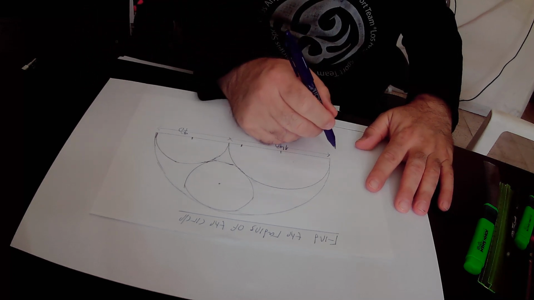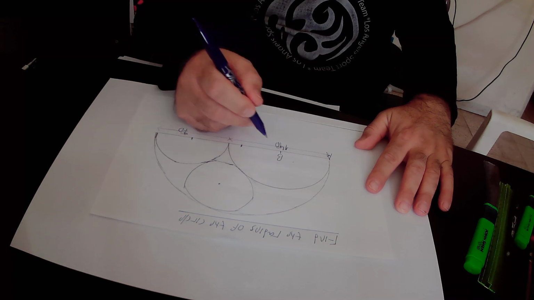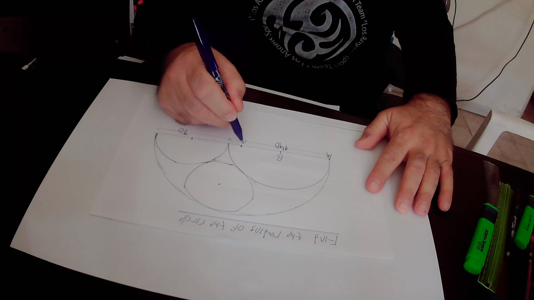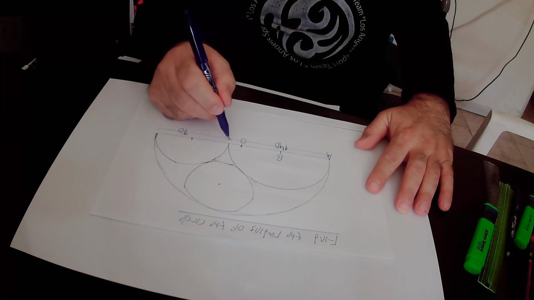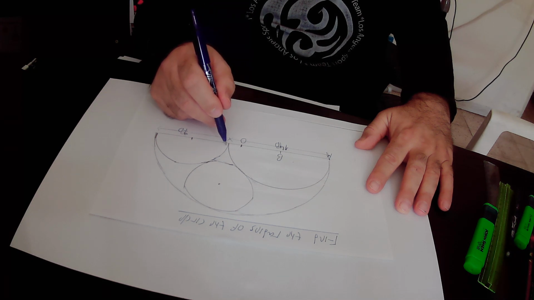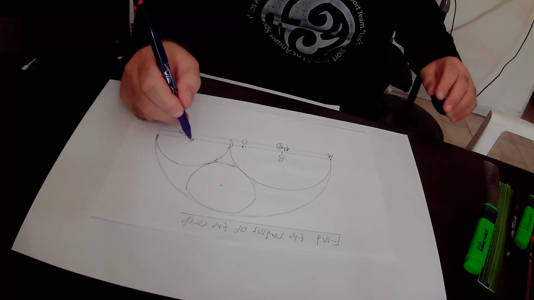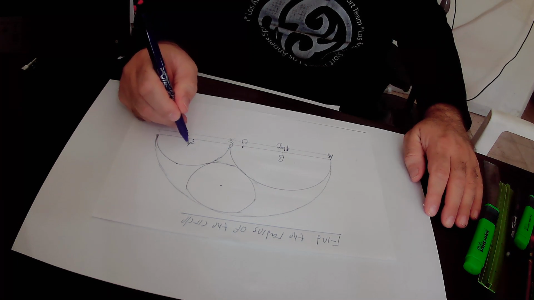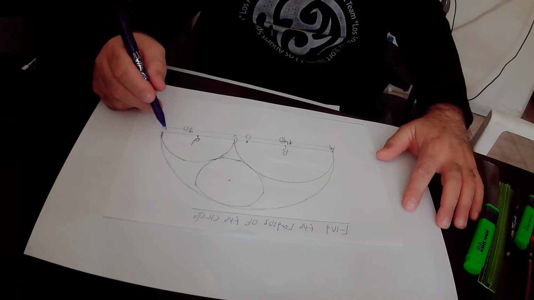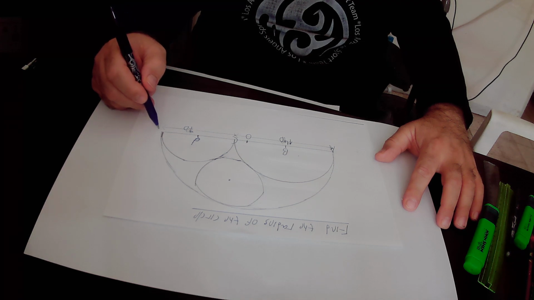This point will be A, the center of this semicircle will be B, the center of the biggest semicircle will be defined as O. Here, the touching point of the two semicircles will be defined as point C. The center of the smallest semicircle will be defined as D. And the touching point between the smallest semicircle and the biggest semicircle will be defined as E.